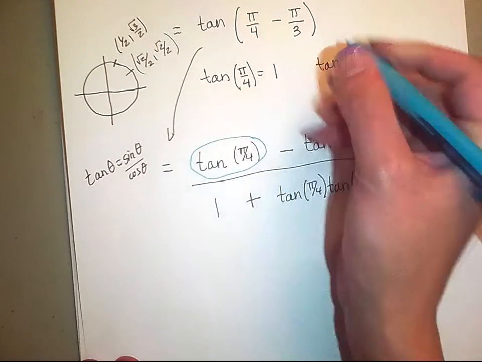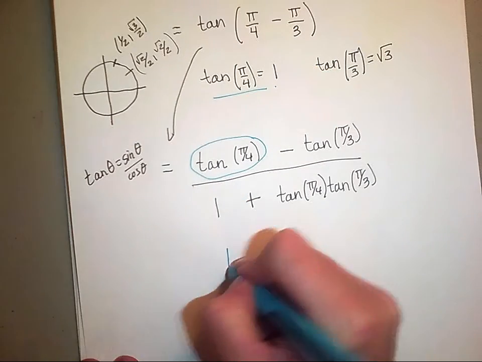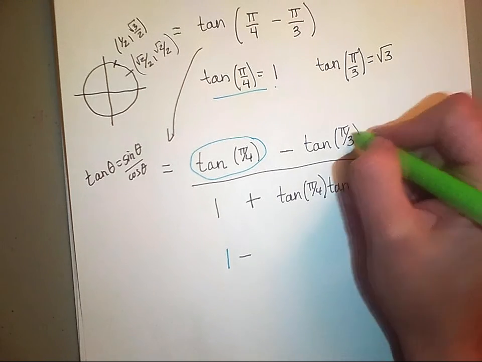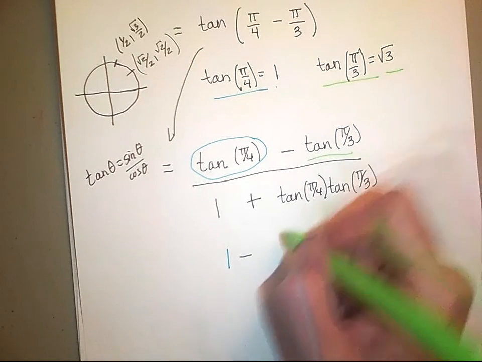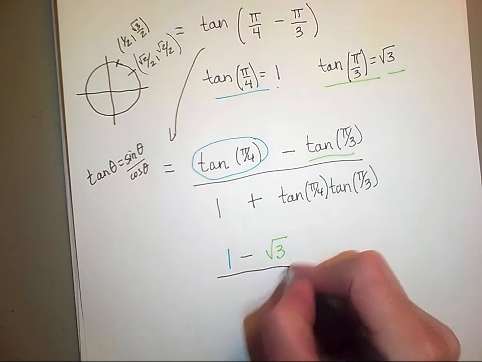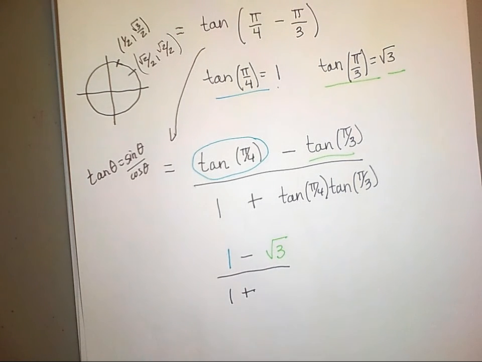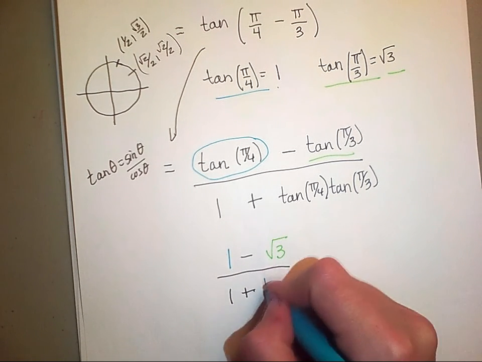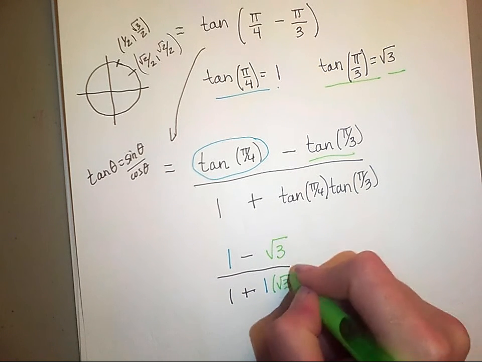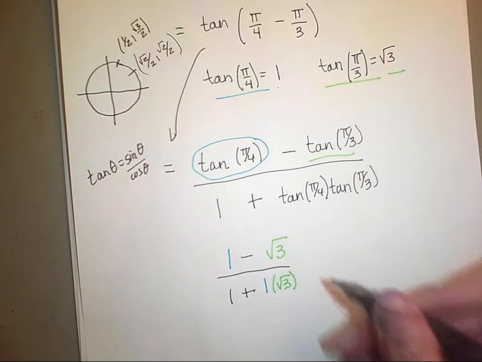So now we know the tangent of pi over 4 is just 1, then minus the tangent of pi over 3, which is just square root of 3, and then 1 plus, now the tangent of pi over 4 is 1, and the tangent of pi over 3 is square root of 3.